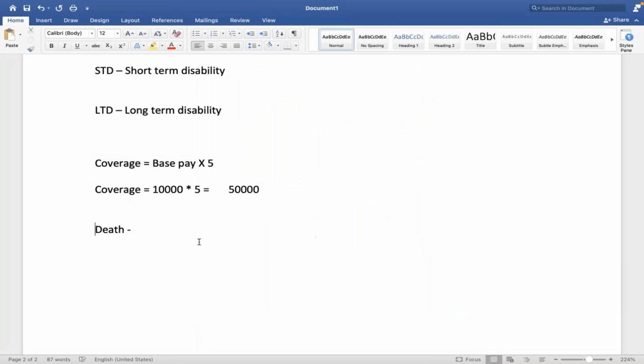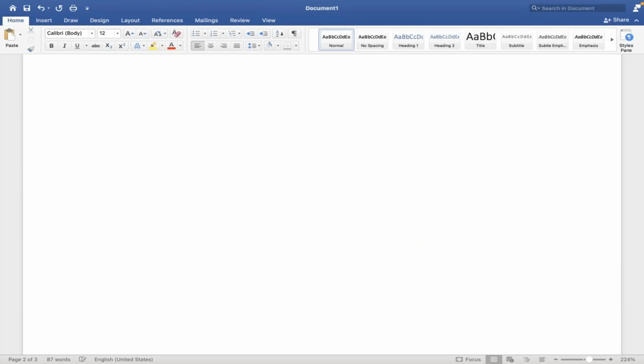So how it works is: only employee, the contribution from the employee is, let's say, $25. Employee plus spouse, contribution is $35.